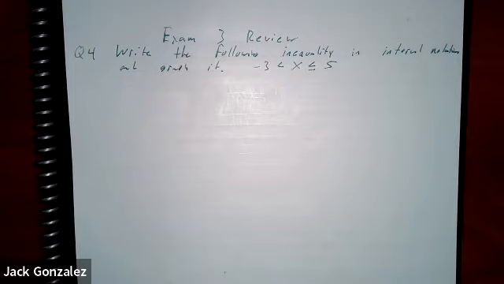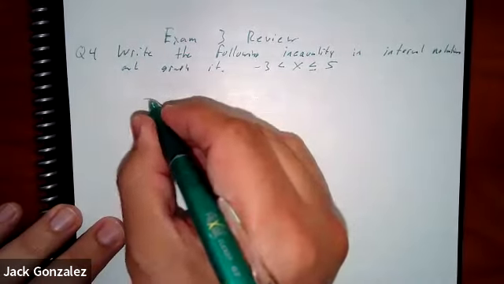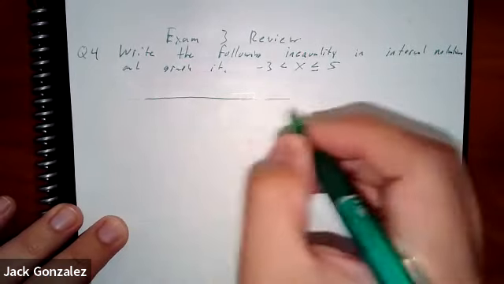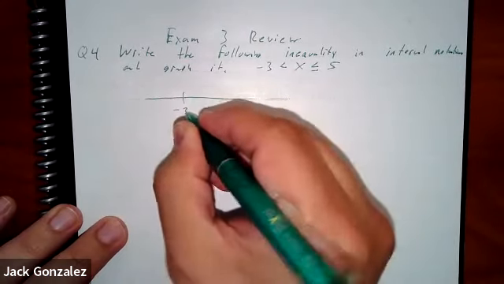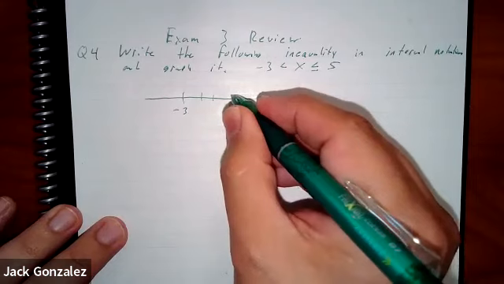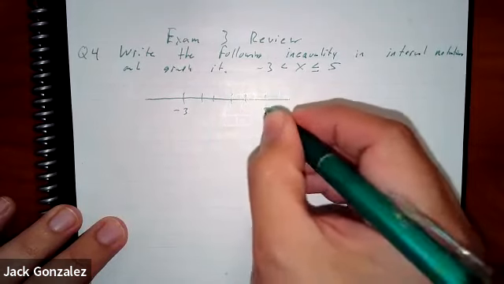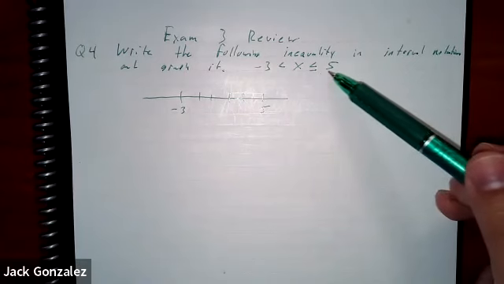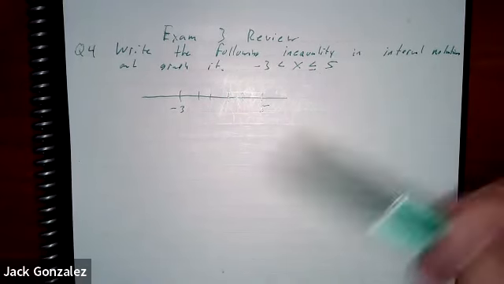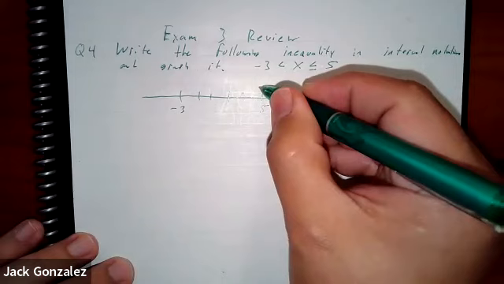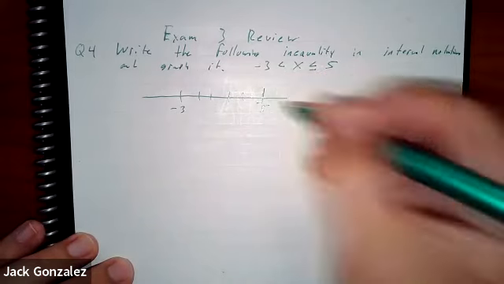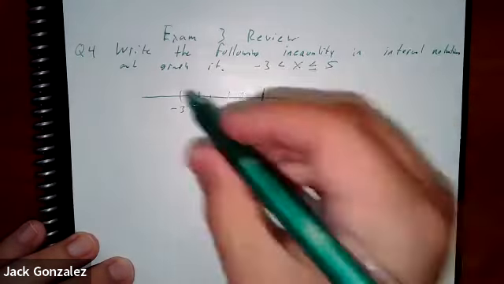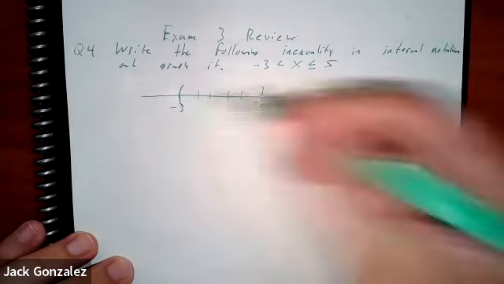Okay, so here's the inequality. All you have to do is put a number line. -3 is over here. There's a bunch of stuff in the middle. 5 is over here. Since it has an equal to on this side, put a solid dot on 5 or a bracket. -3 does not have the equal to part, so you'd put a parenthesis.